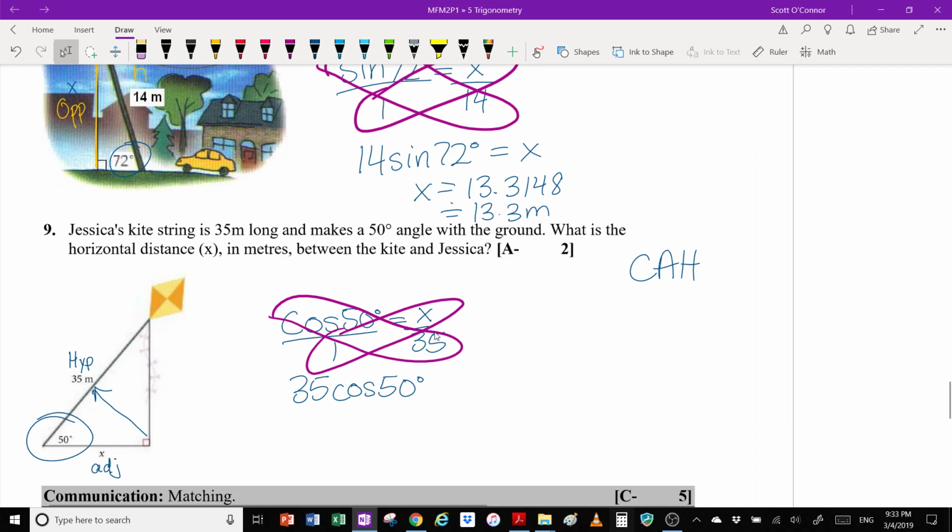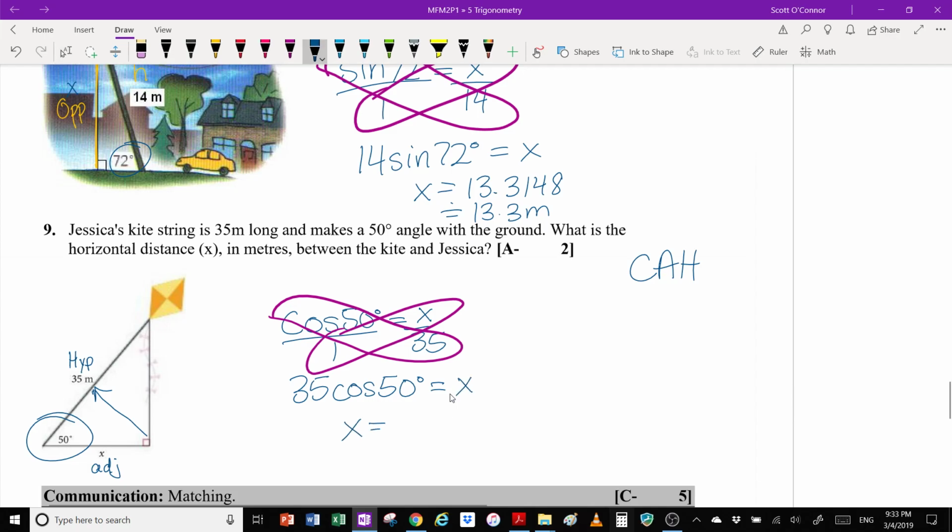And now I'm going to put it into my calculator, and I get 35 times cos 50. Oh, sorry, I should put here x.